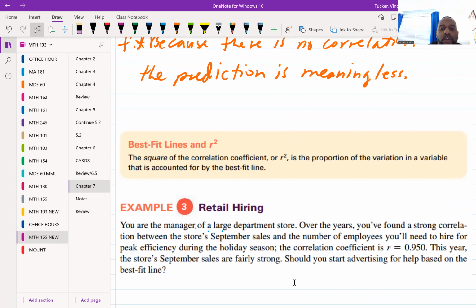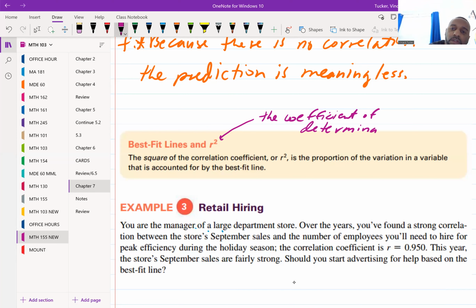So we have the square of the correlation coefficient, and our correlation coefficient is R. It is the proportion of variation in a variable that is accounted for by the best fit line. It's also called the coefficient of determination.